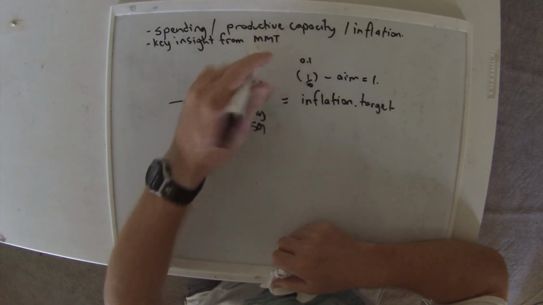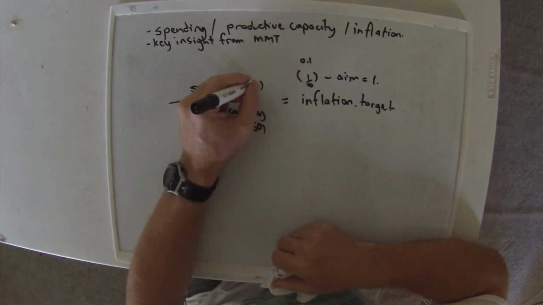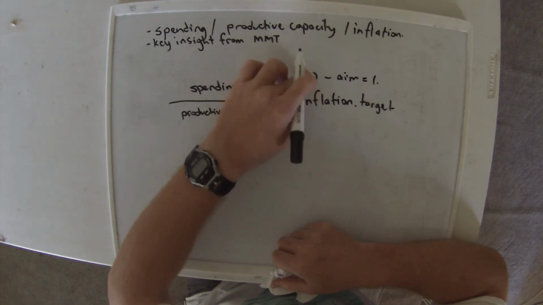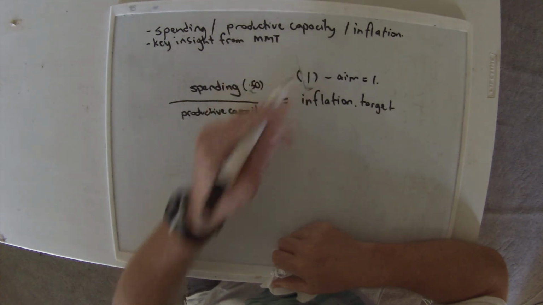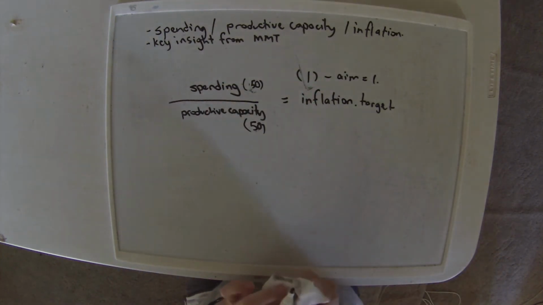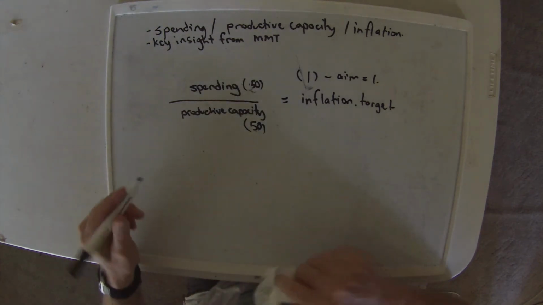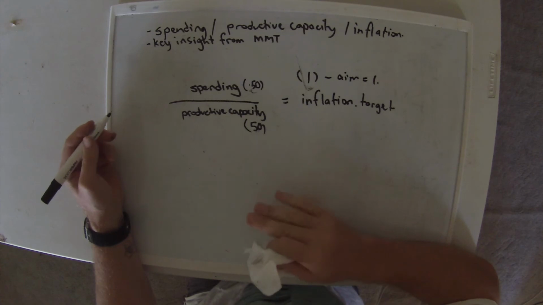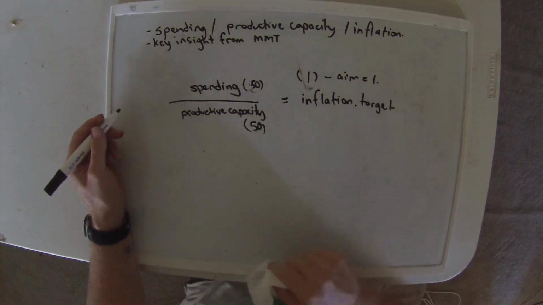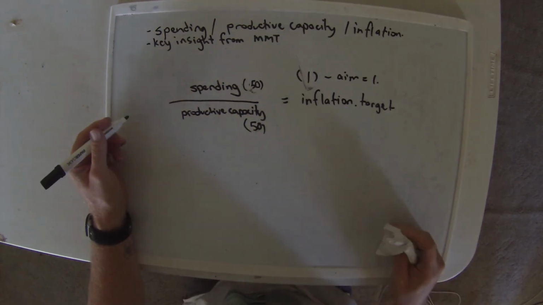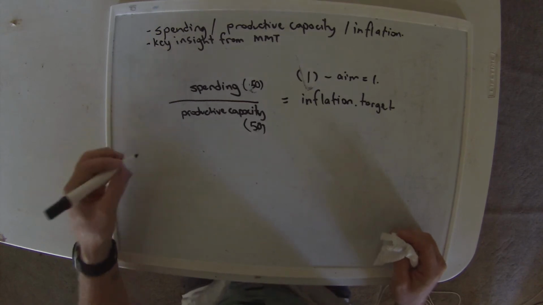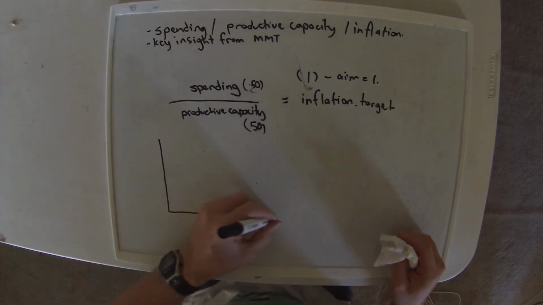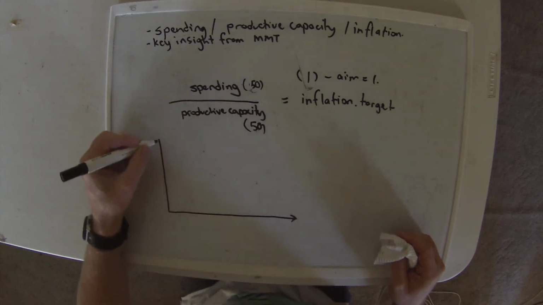So what we have to do is bring our spending up to 50, and that brings us back to a fraction that equals 1. This simple little method shows us the basic way you manage your macroeconomy, your economy at the level of a country.